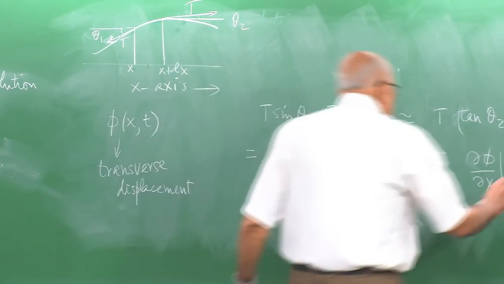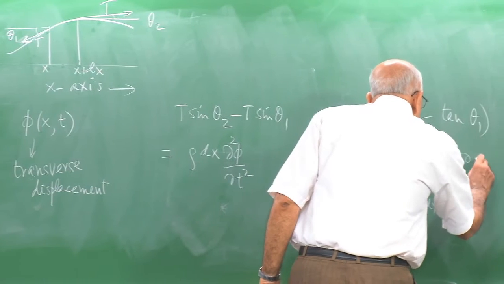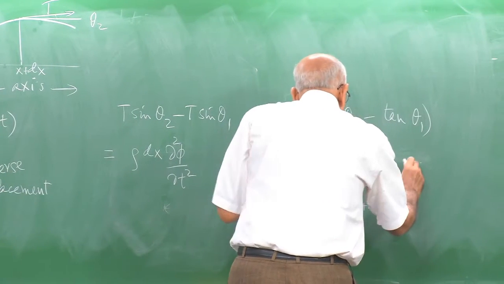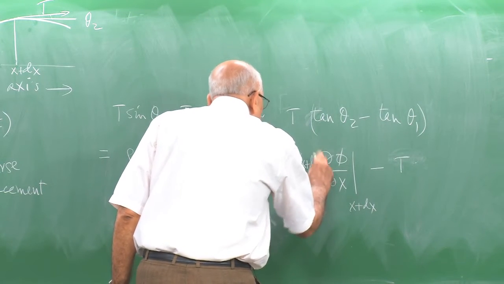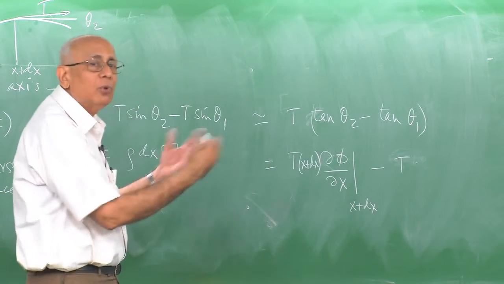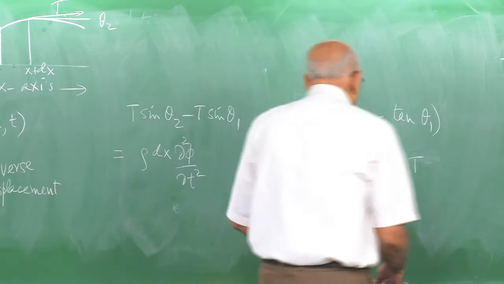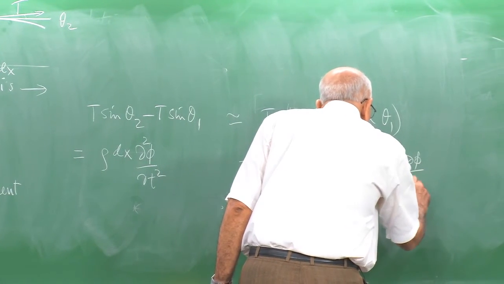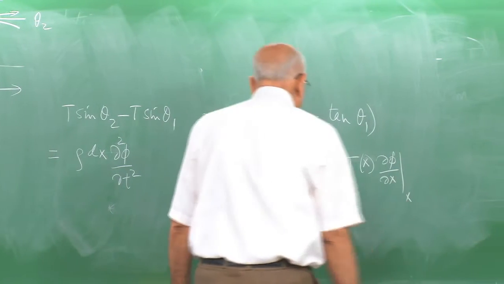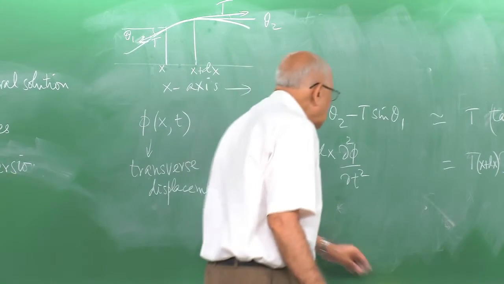So, this is T at the point x plus dx times delta phi over delta x at x plus dx, minus T of x delta phi over delta x at the point x here. We are even allowing for the fact that the tension itself could change as a function of x. And what does that give you?